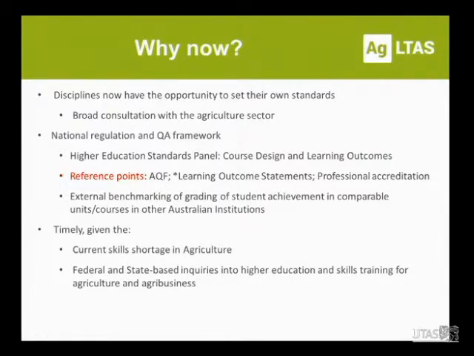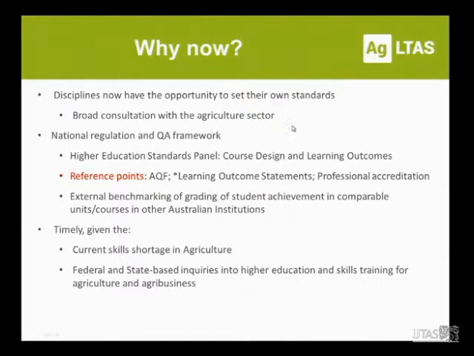All that's doing is basically saying that there are qualifications for, say, a bachelor level. They're fairly generic, and they certainly don't go into any detail at the discipline level. There are some disciplines, such as engineering, that have professional accreditation associated with their degrees. If you're a newly qualified engineer, you need to have accreditation before you can go out and practise. We don't have that in agriculture.